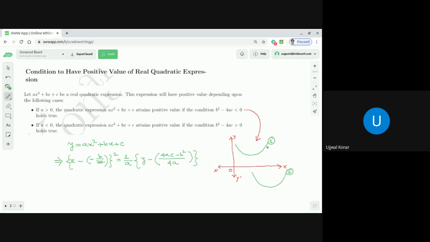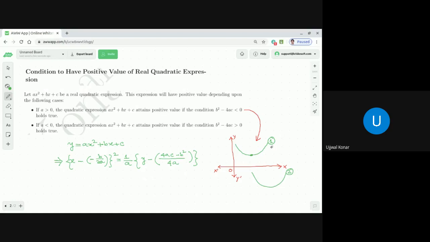In case 1, we see the value of that expression is always positive because the green curve in case 1 is actually not going below the x-axis. And this is possible when the y-coordinate of the vertex is greater than 0. What is the y-coordinate of the vertex, dear students? 4ac minus b square by 4a. Correct or not?